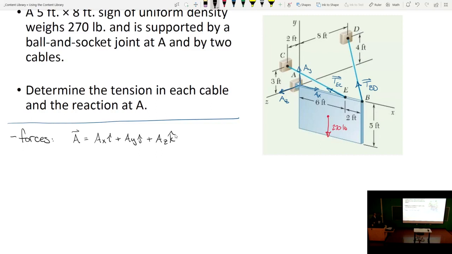I have what I'll call a W vector, which is like that, and that's in pounds. But then I've got 2 remaining vectors. I've got TBD and TEC.